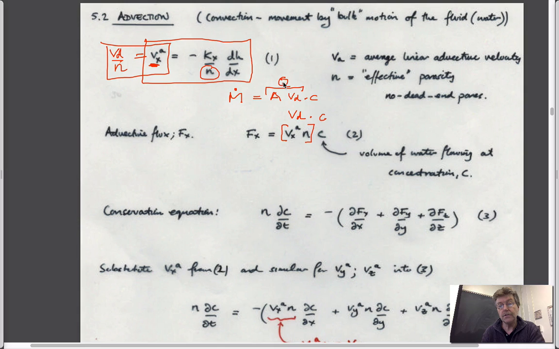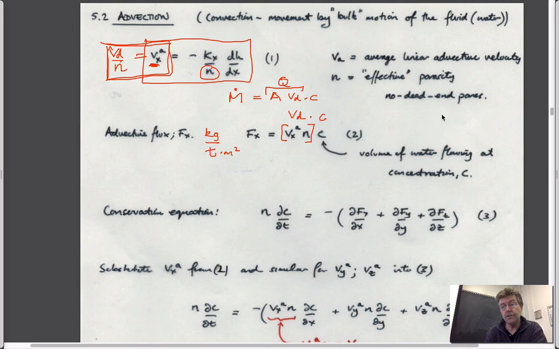Volumetric flow rate is just the product of Darcy velocity and area. Darcy velocity is the advective velocity times porosity, just from this expression here. And so it should all be copacetic. This would be kilograms per unit time per meter squared, I think. Should be able to show what this is here.